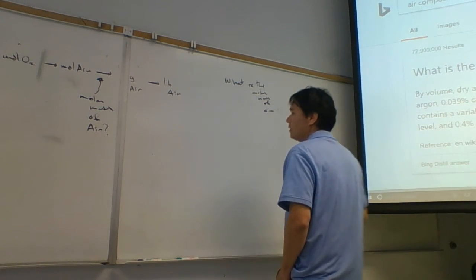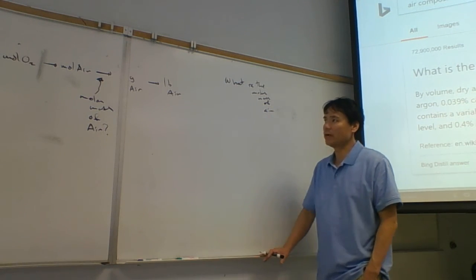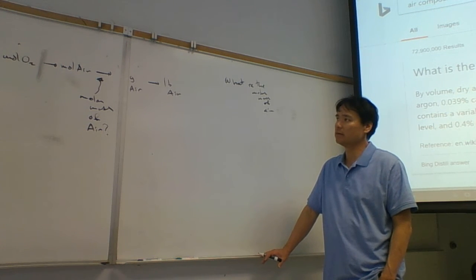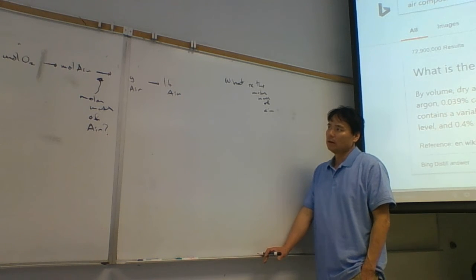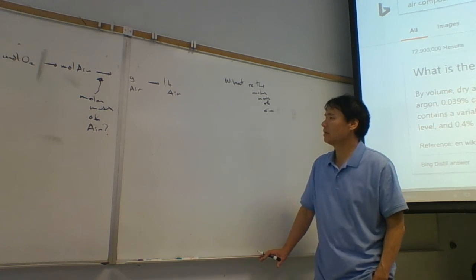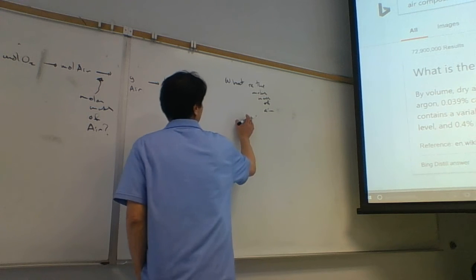If I have a mole of oxygen molecules, it weighs 32 grams, 16 times 2. If I had a mole of oxygen, then it would be easy, but I don't. I don't even have that. What I'm going to have is a mixture.